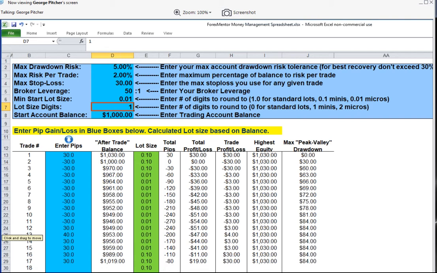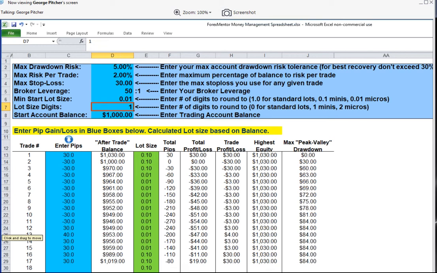And this is something that Peter taught me a long, long time ago. Even if you have enough money in your account to trade standard lots, it's worthwhile sticking with the micro lots.